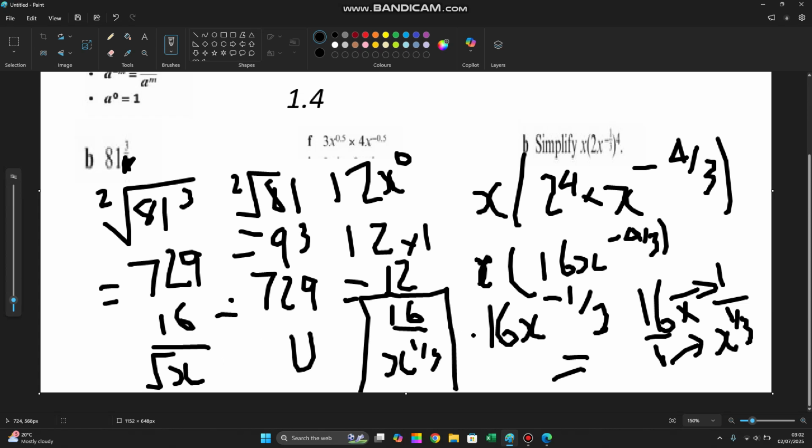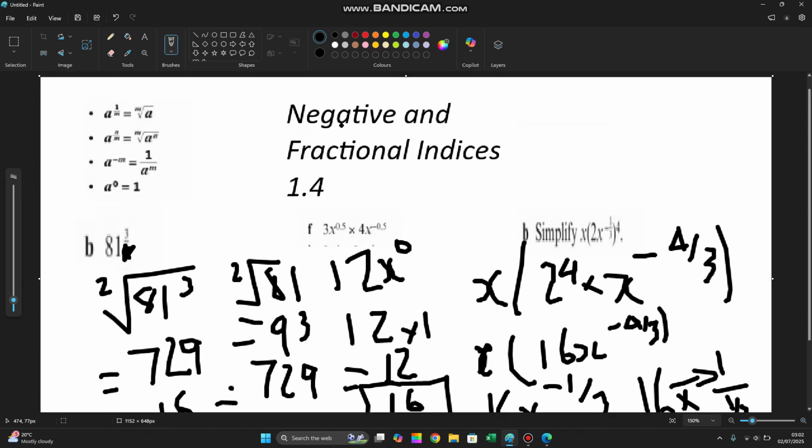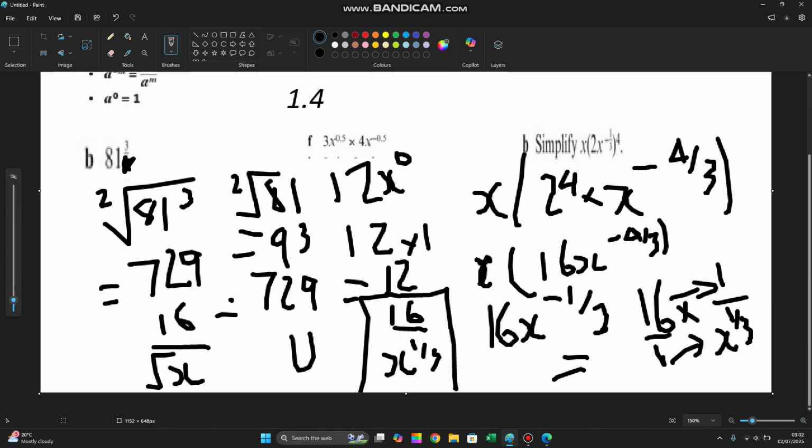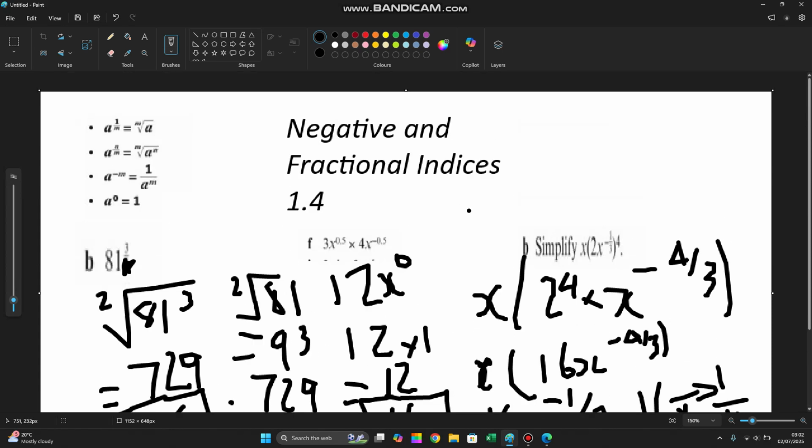As you see, 1 over 3, so in this case m is 3, so therefore we write the root 3. And then you have it. So we have this, or this, both of them will be acceptable. So there you go guys, that's negative and fractional indices 1.4. I'll see you in the next video.